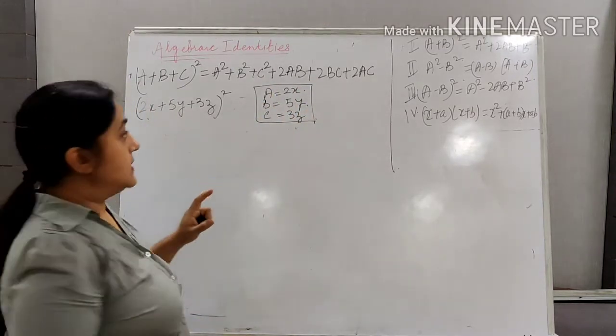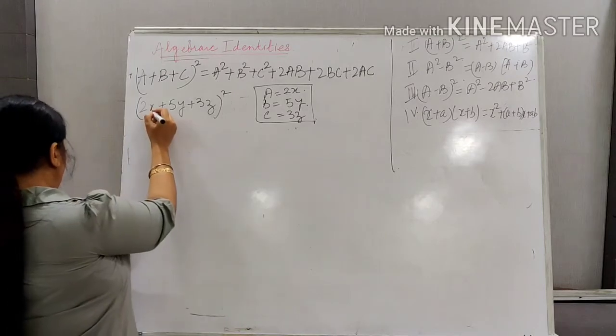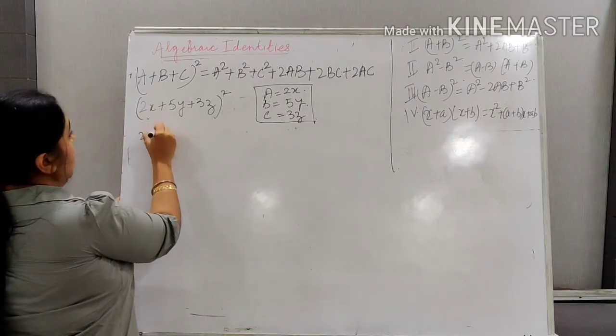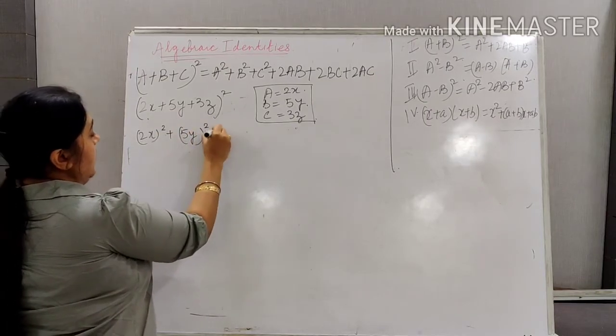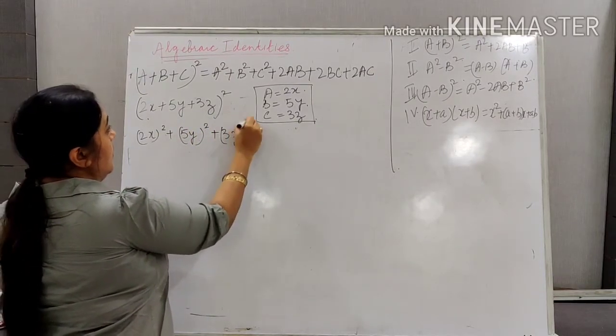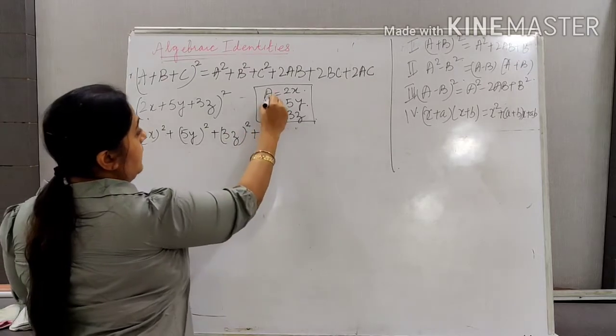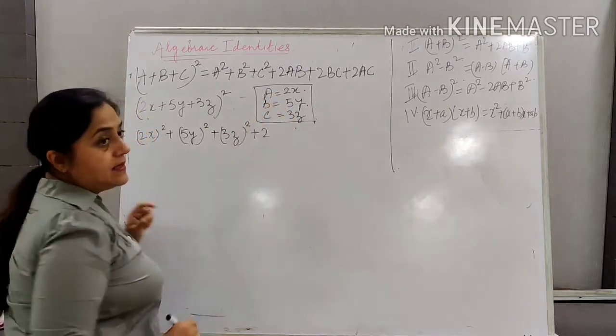You have to expand. So how will you do it? It is a square. a square means (2x) whole square. Please check it out. (5y) whole square, (3z) whole square plus 2ab. You have to find the sum of products.